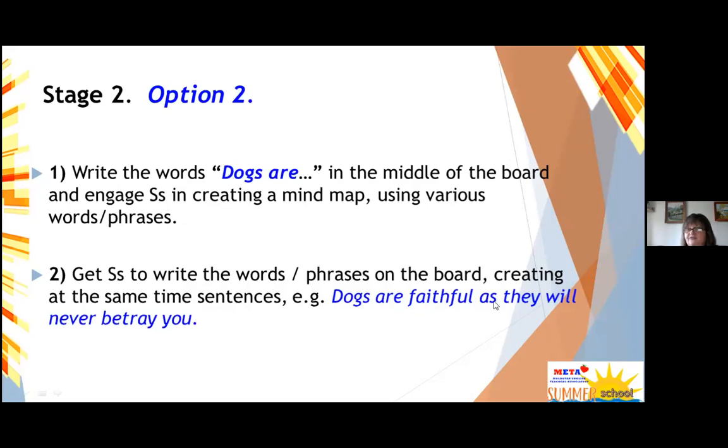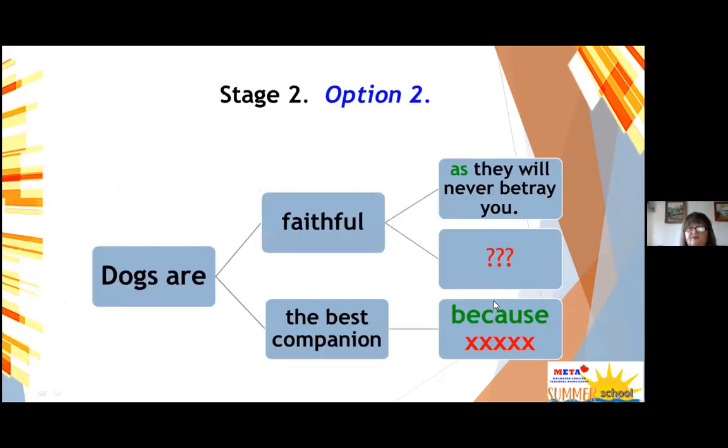Dogs are faithful as they will never betray you. Dogs are faithful because they always protect their family. Or dogs are the best companion because... and students come up with different opinions.